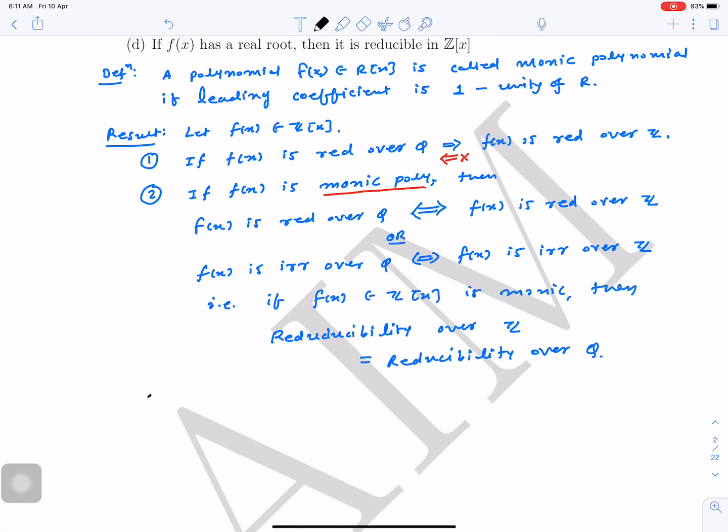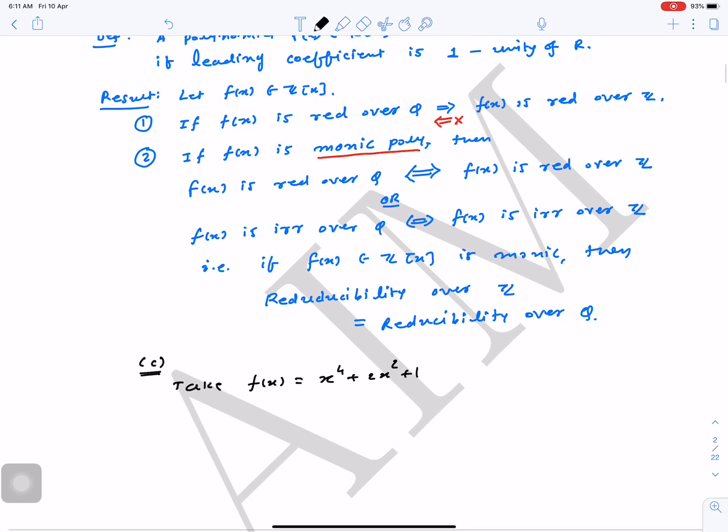For option C, take f(x) equal to x raised to 4 plus 2x squared plus 1. Then this belongs to Z[x] and it is monic. But it is (x squared plus 1) whole squared, that is, (x squared plus 1) times (x squared plus 1).